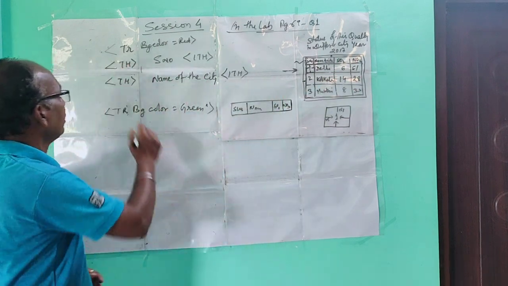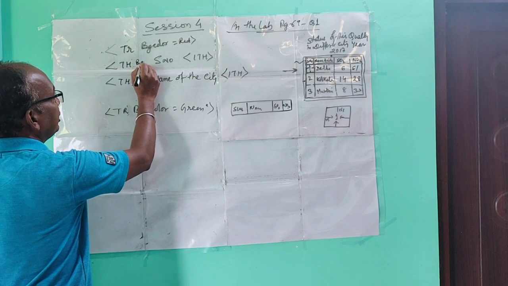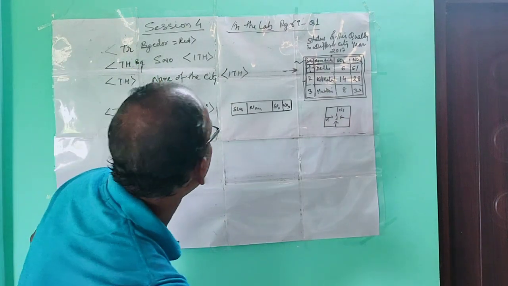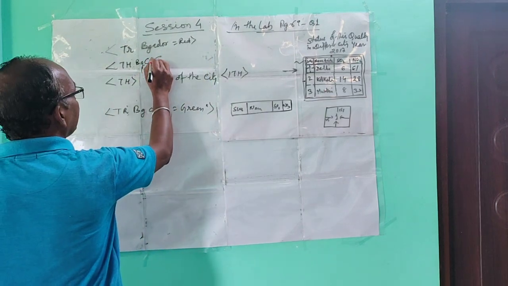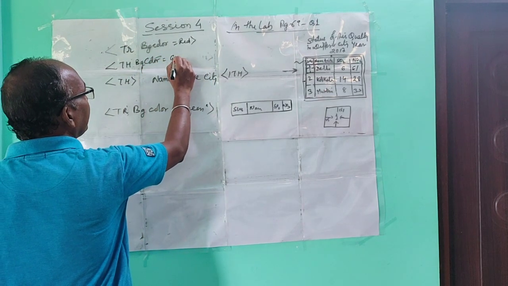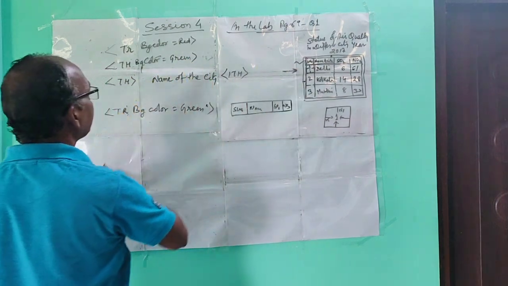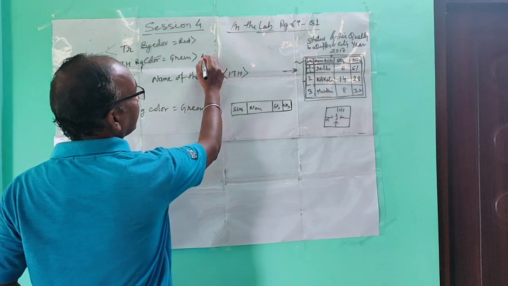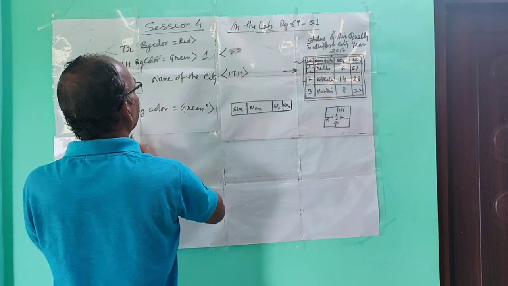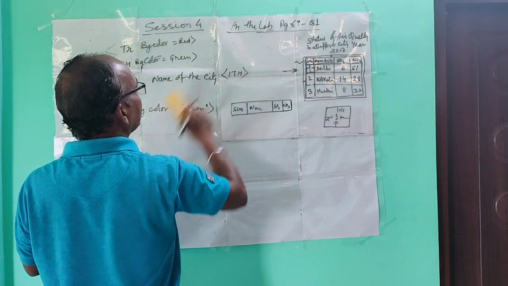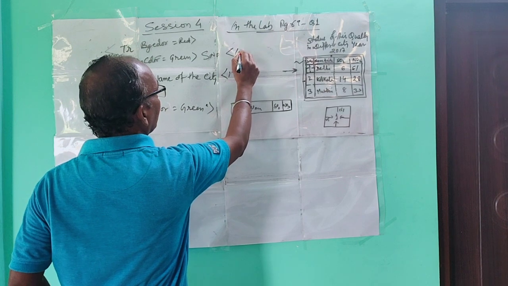cells, then you have to use th here. If you use th bgcolor equals green, then accept bgcolor green for that th, the serial number, then close th.